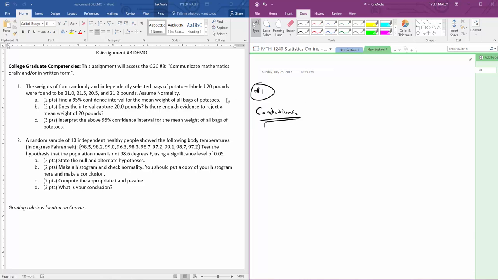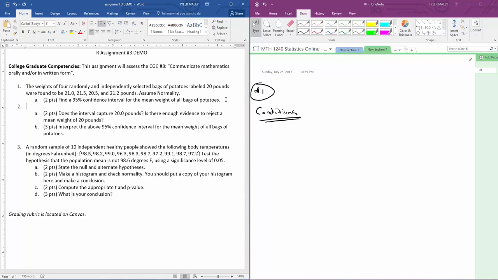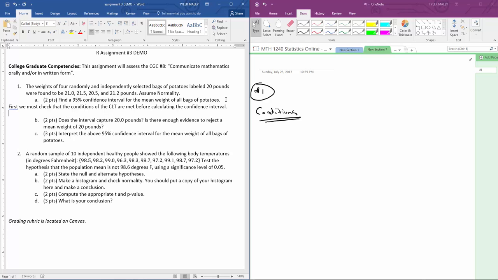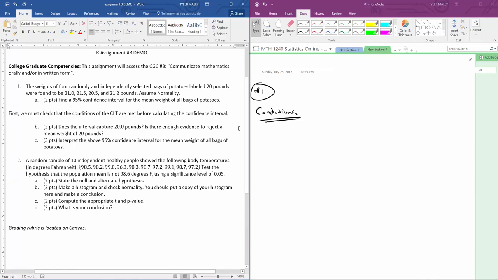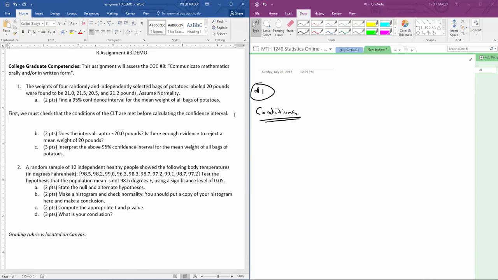First we must check that the conditions of the central limit theorem are met before calculating the confidence interval. So the first condition is that we have a random sample and independence.